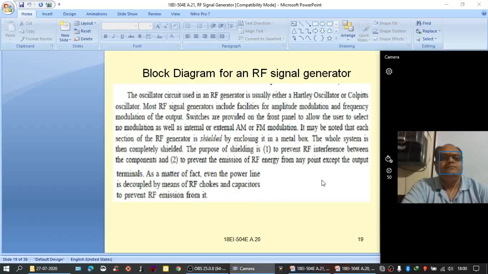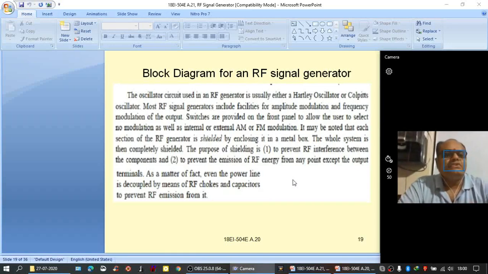Suppose shielding is not there, and we assume that the signal generator produces say 1 volt RMS and a 20 megahertz frequency signal.